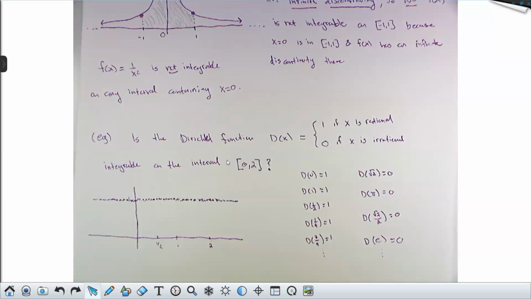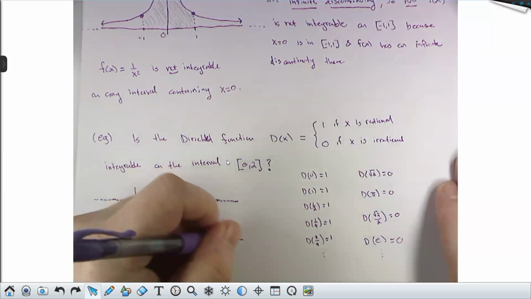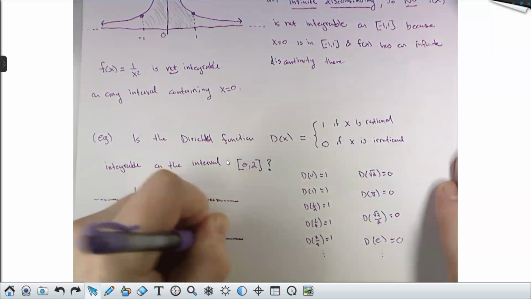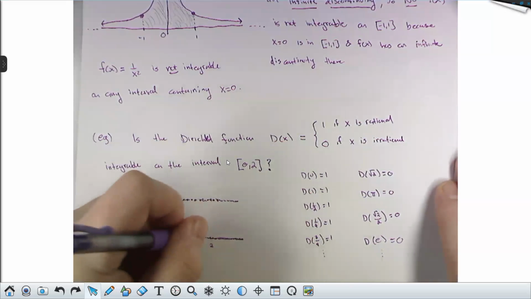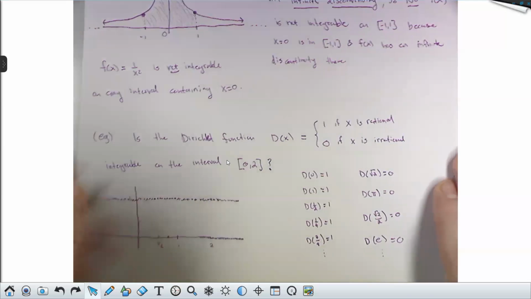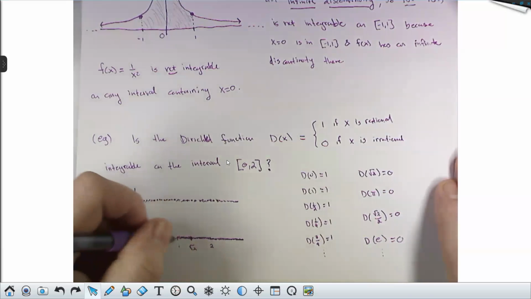Is this function integrable? Remember, down here at e and pi, there's actually a lot of stuff down here. Every irrational number, like 1 over the square root of 2, is like right here. Square root of 2 itself is like right here. So we've definitely got a point down here, and we've got lots of other points down here. For every irrational number, there is a point down here.